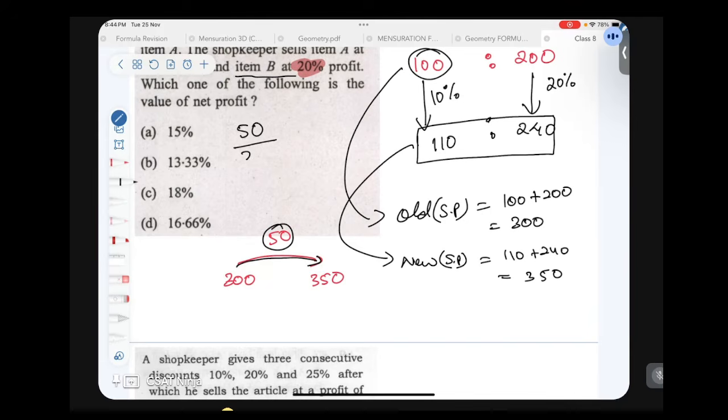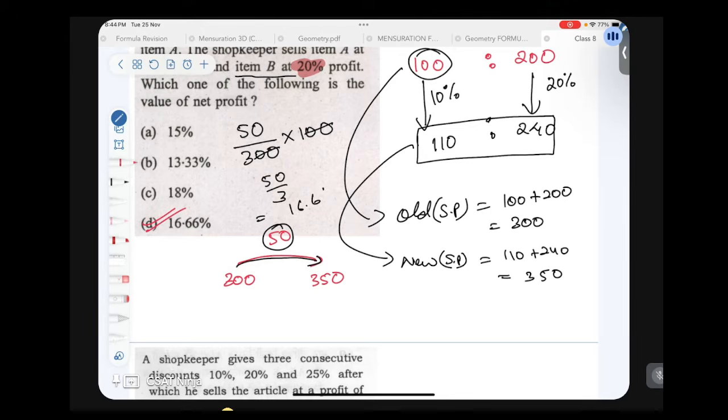From the concept we have learned, I'm increasing 50 from this one. And remember, this is in terms of fraction. If I want my answer in terms of percentage, I need to multiply by 100. So the zeros cancel, and I have 50 divided by 3. 3 ones are 3, and 3 sixes are 18, and 3 sixes are 18. Yes, it is option number D.